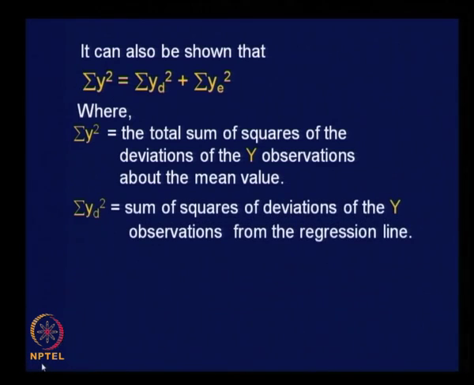And Σyd², as we have seen with the help of a figure, is the sum of squares of deviations of the Y observations from the regression line.